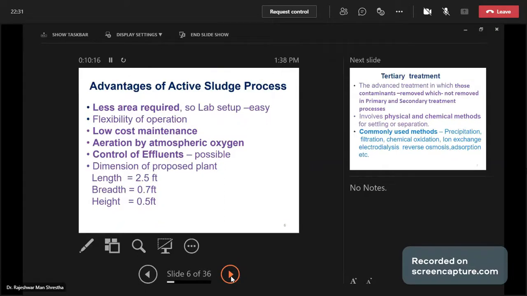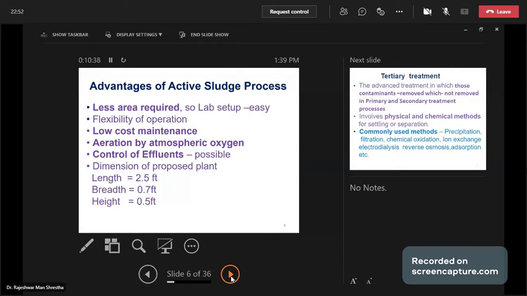The advantage of this activated sludge process is that the setup is very easy, because the location required for this is very small, it is very flexible in operation, and it requires low cost in maintenance.